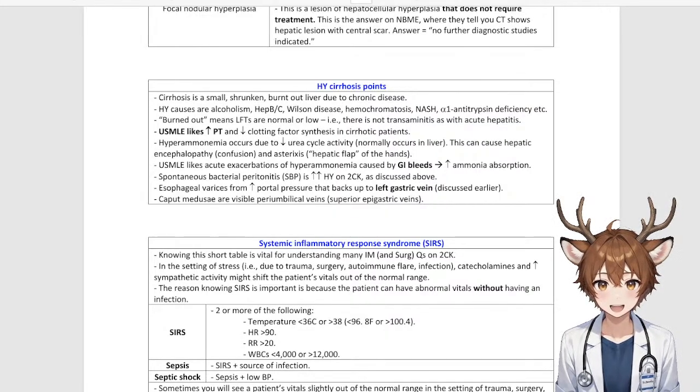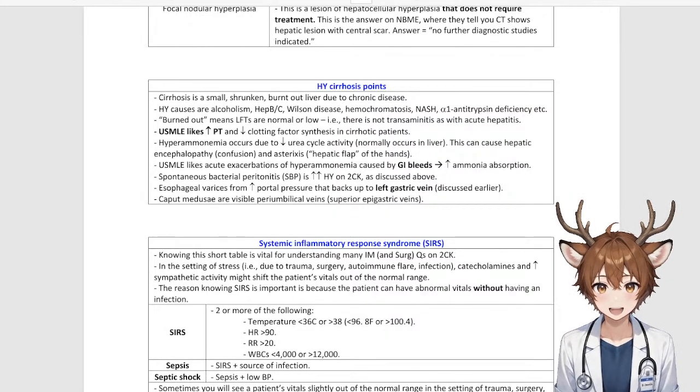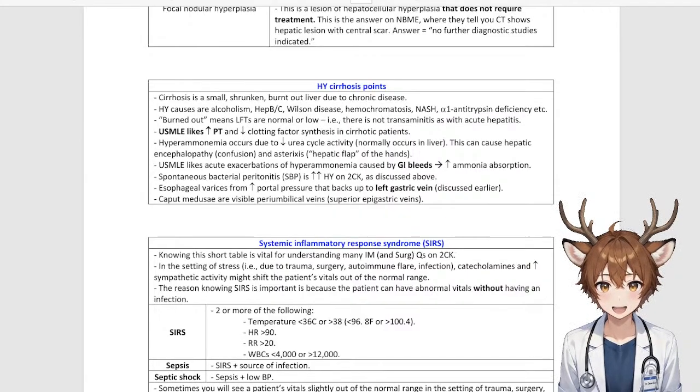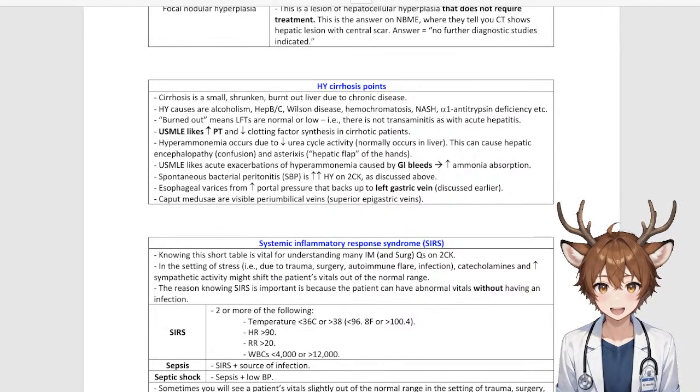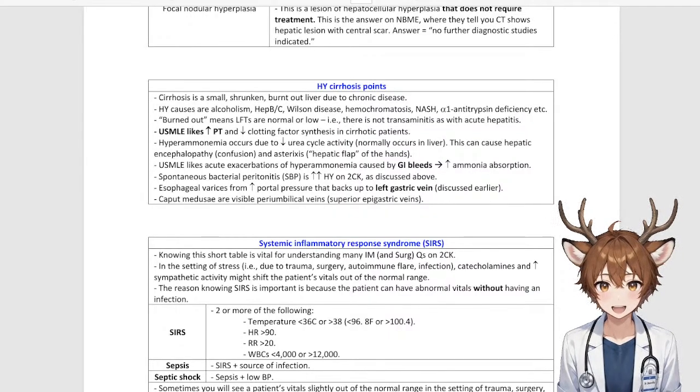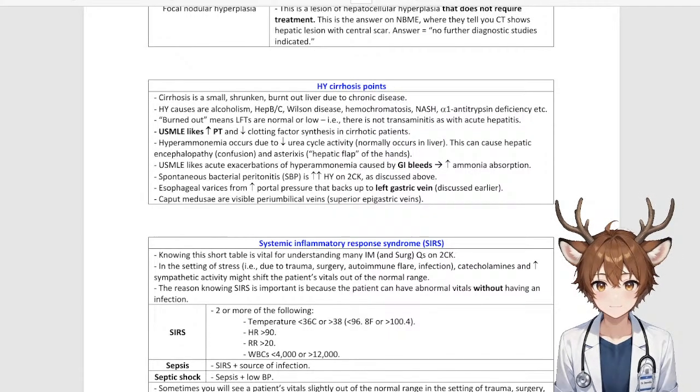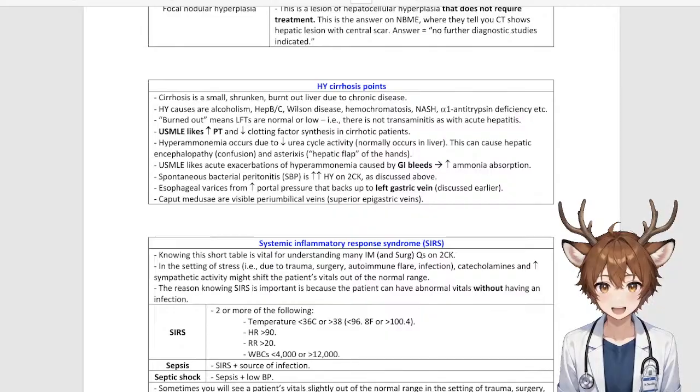Spontaneous bacterial peritonitis, SBP, is going to have significant high yield on 2CK, as discussed above. Esophageal varices from increase in portal pressure that backs up to the left gastric vein, discussed earlier. Caput medusa are visible periumbilical veins, superior epigastric veins.